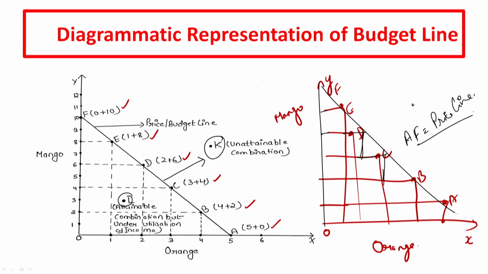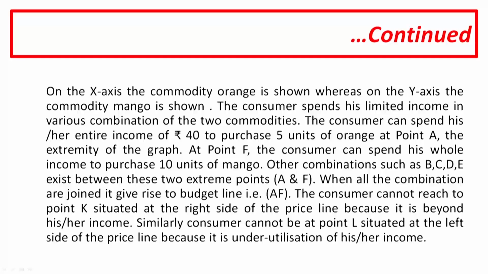So, the consumer will not be at any point above the price line, nor at any point below the price line, because both are beyond its approach. In one, the income of the consumer is not getting utilized effectively, and in the other, the consumer does not have enough income to purchase that commodity. This is the explanation for it.